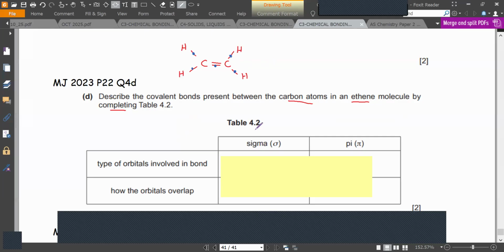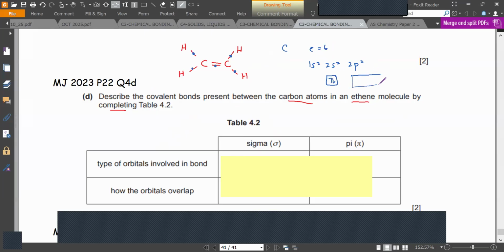So they are asking about the orbitals. For carbon, carbon has 6 electrons, so 1s2, 2s2, 2p2. Basically it's like this.